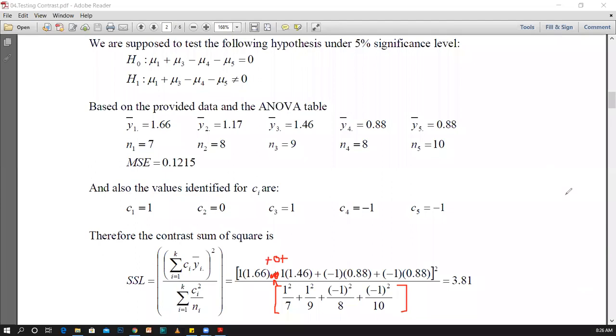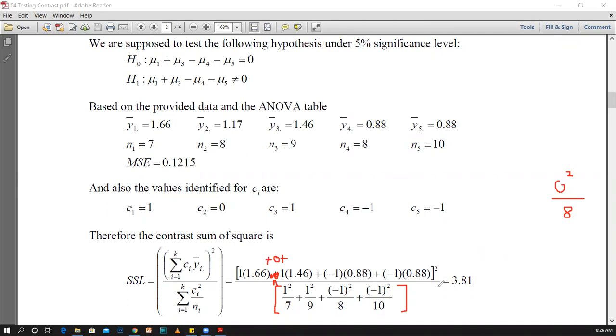If you need, you can say 0 squared divided by the sample size associated, N2, which was 8. Therefore, 0 squared divided by 8 again gives you the value 0. Then the third value, again 1 squared divided by 9, then minus 1 squared divided by 8 plus minus 1 squared divided by 10. This is how we are getting the contrast sum of squares.